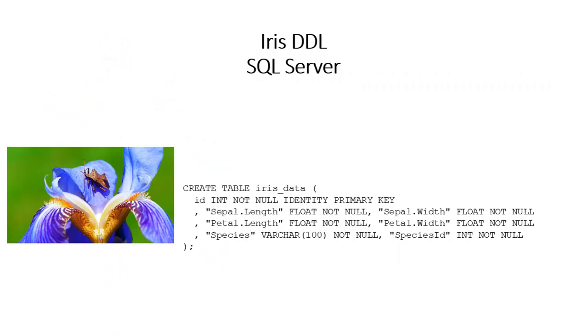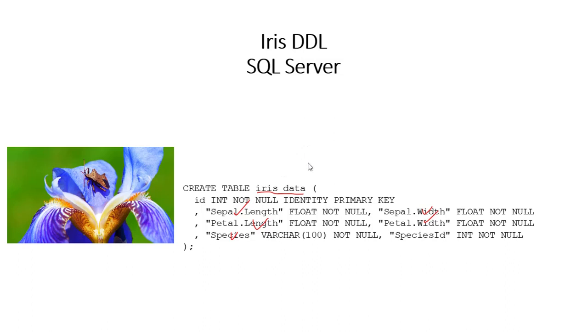We will create two tables to do this decision tree in SQL Server. The first table holds the actual iris data itself, and we have our sepal length, sepal width, petal length, petal width, and species right here.